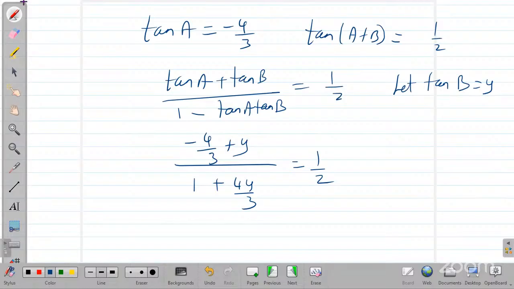Is it minus 4 over 3? Am I wrong? Negative 4 over 3. We'll just check this here.